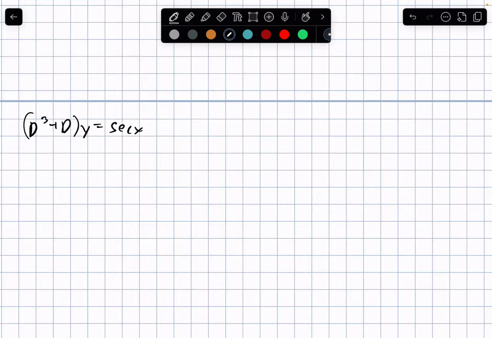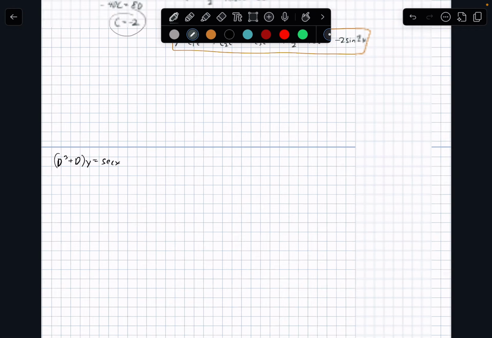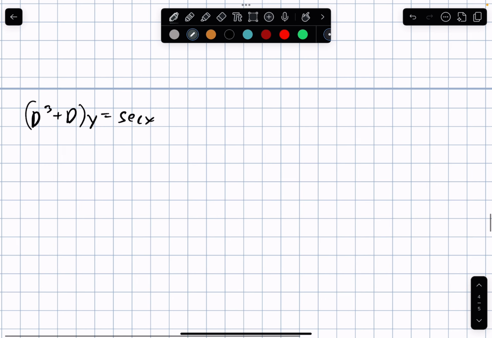You know that you have to use the variation of parameters method if you see this kind of problem, because your right hand side is a transcendental function that isn't sine or cosine. That will already tell you to use VOP, because strictly MUC, what we have been doing, will not work.